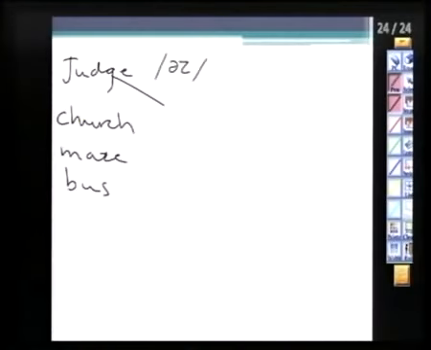Okay, this one we cannot say is a kind of assimilation, but why do I have a schwa and a zah? Because I have the sound ja here. If you have the sound cha as the final consonant, you're going to pronounce the plural as judges. If you have a cha, you're going to pronounce it as churches. Then you have maze. If you have a zah sound, mazes. And also if you have a sa sound, buses.